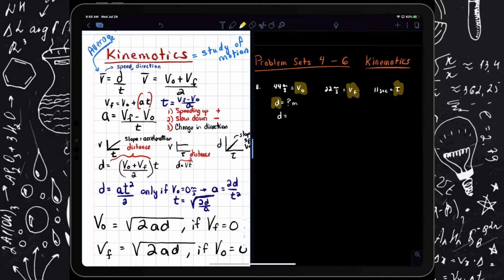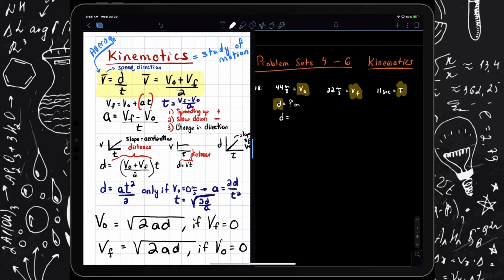The next formula, I see a VO, a VF, and an average velocity. Well, I don't have the distance. So what that means is we're going to have to combine these two equations right here together. All right. So how do we do this? This is where some algebra is required.